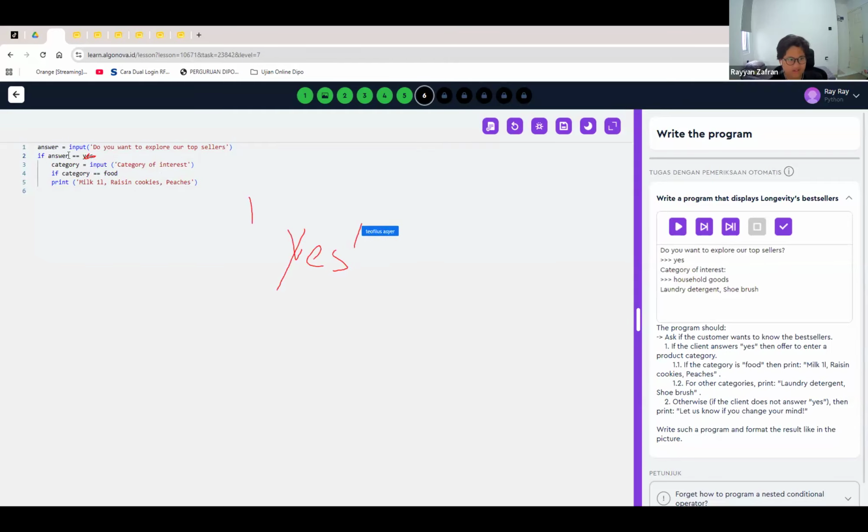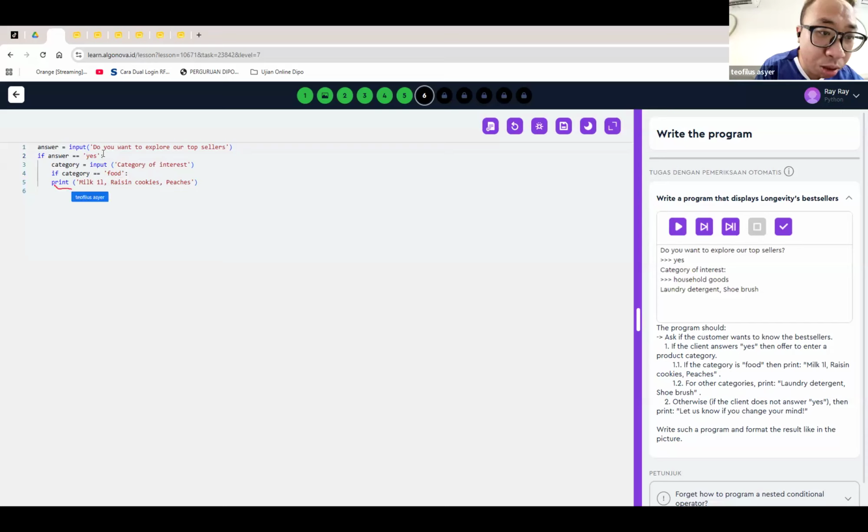Oh, yeah. Okay, and then don't forget to use the colon. After the colon, now you see the print should go deeper. Can you tab it? Yeah, good. After this, you have to use else, right?